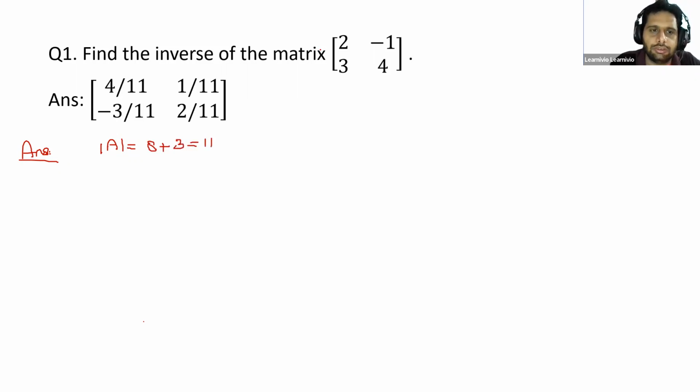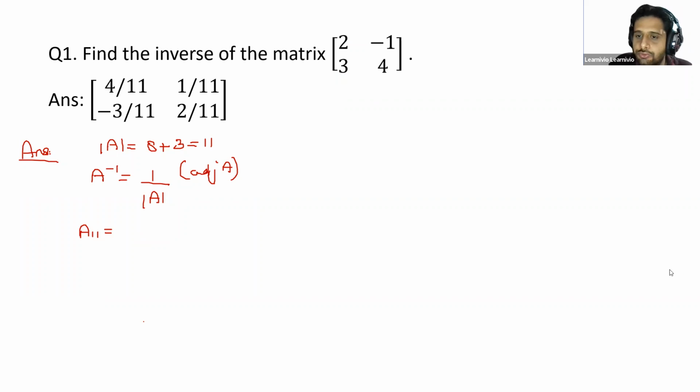Now we need to find the A inverse. So what's the formula of A inverse? 1 by determinant of A, adjoint of A. Okay, so for the adjoint of A, first of all, we need the cofactors. You're getting minus 1 by 11. Shravya, I will solve this. Okay. Now A11. A11 means this.